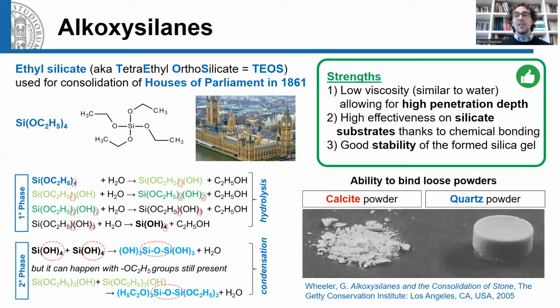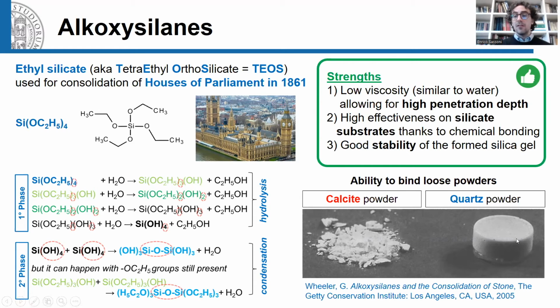Over time, there's a reaction with water molecules in the atmosphere, leading to hydrolysis of the consolidant, which finally condenses to form a silica gel that can be chemically bonded to silicate substrates, such as stones, which is why I mentioned that in the case of silicate stones, we have suitable consolidants that perform quite well.